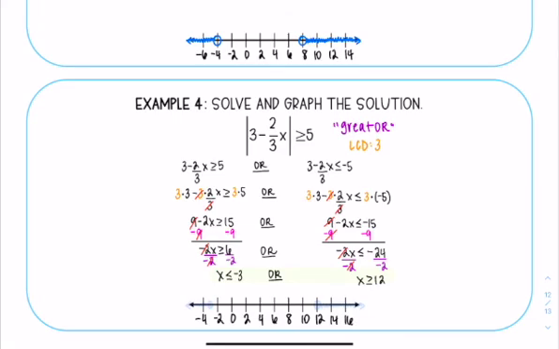We will have a closed dot on 12. And we are going to shade to the right-hand side. And we will have a closed dot on negative 3, so between the negative 2 and negative 4. And we shade to the left. And because it's an OR compound inequality, that just means that we are going to take everything that's shaded as a solution.